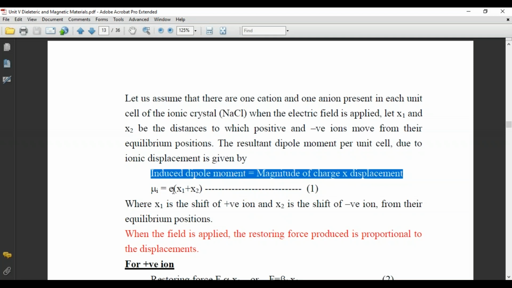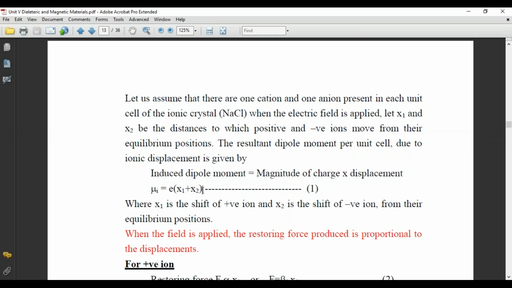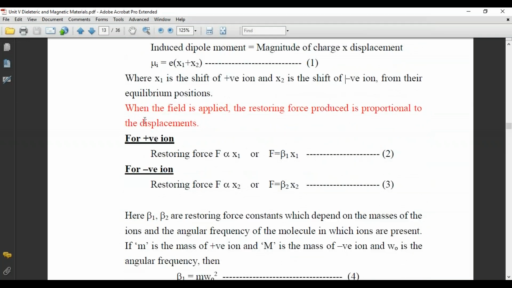Here mu i equals e into (x1 plus x2). We are talking about total displacement: the positive ion is moving and the negative ion is also moving, so the total displacement becomes x1 plus x2. So the total induced dipole moment is mu i equals e(x1 plus x2). That is equation 1.